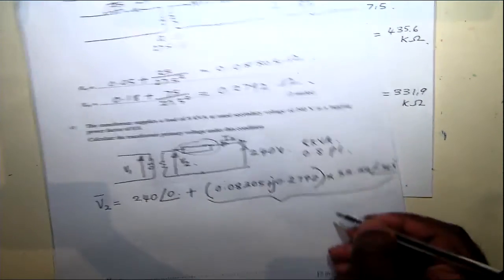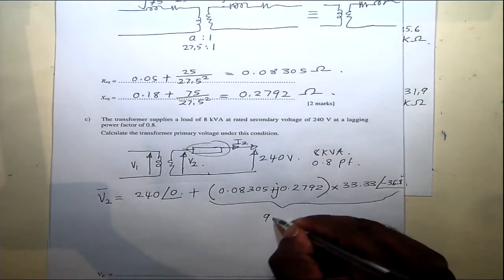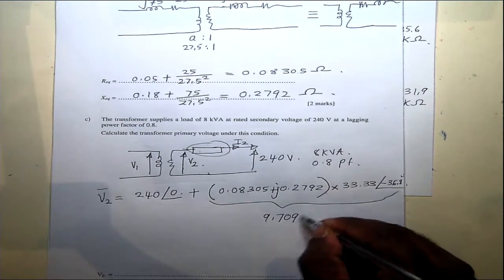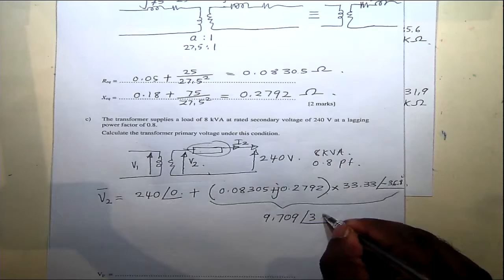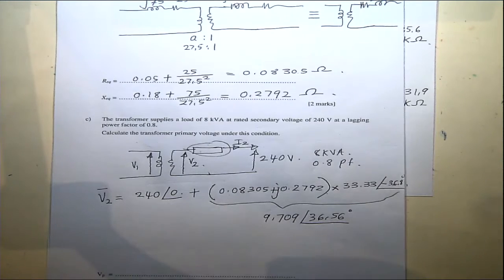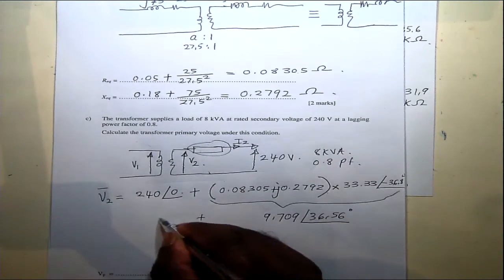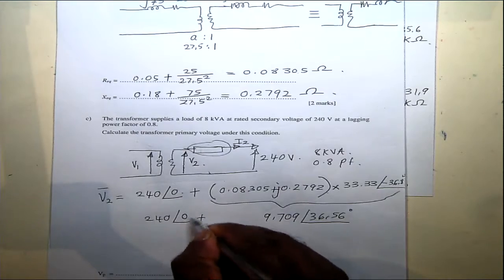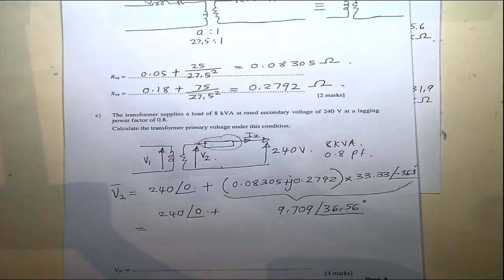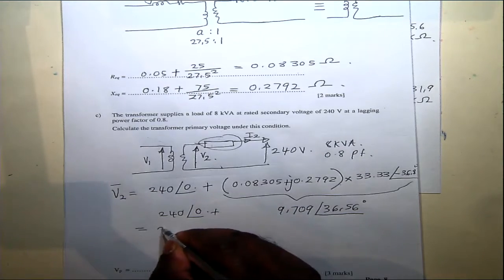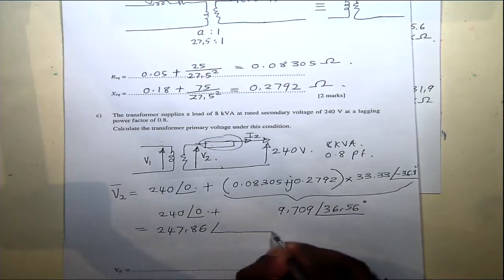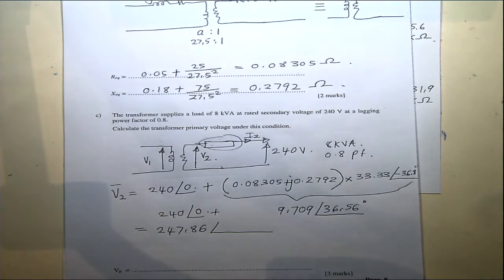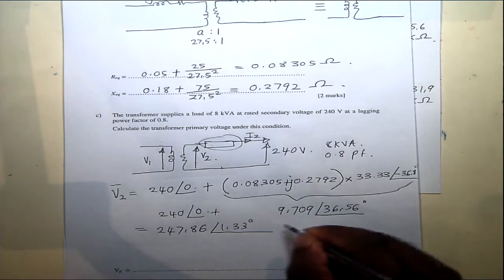So I'll just write this step as well. That's 9.709 at 36.56 degrees. That's the voltage drop, plus another 240 here as well. That gives you 247.86 at 1.33 degrees volts.